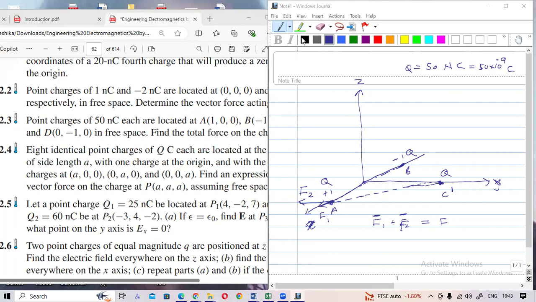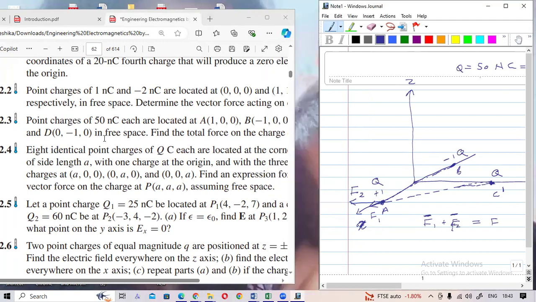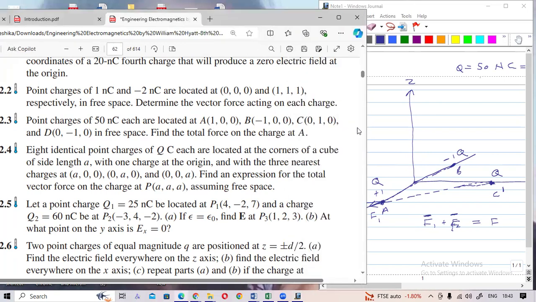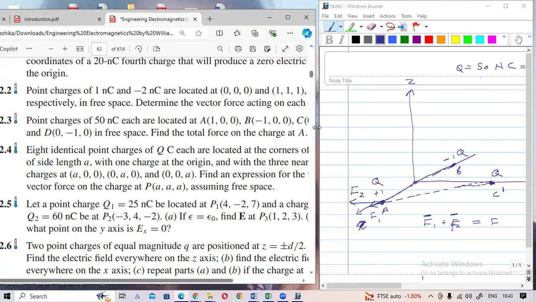Is there a D point? Okay, there is another point. Anyway, we will do this by this tool, otherwise we would have to do a very big simplification.